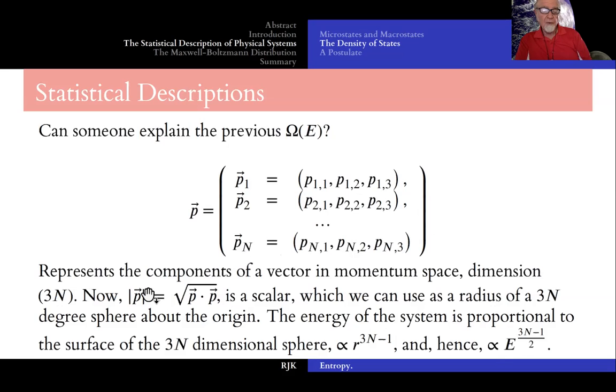But we do know that all of the ones that are in the microstate have the same magnitude of that momentum space. So in the 300 dimensional momentum space, you put a radius out, that's a constant. Now you take a look everywhere around the origin, and since it's got the identical same radius, we're talking about a 3n dimensional sphere about the origin.